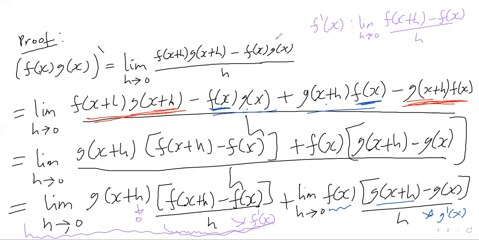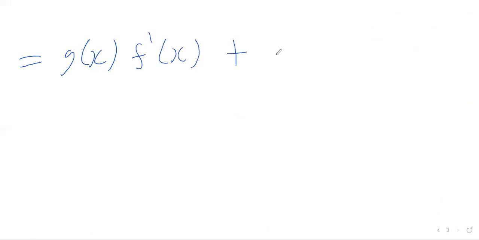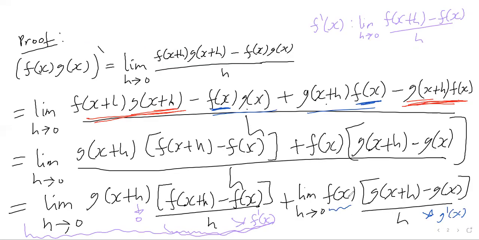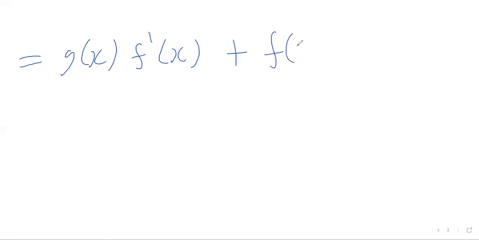So again, simplifying the whole thing, we get a final result of g of x multiplied by the derivative of f, plus, we just keep the f of x there because we've got no h's involved, multiplied by the derivative of g of x.